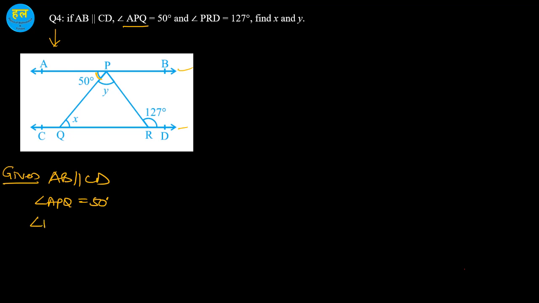Angle PRD is 127 degree. That means this angle is 127 degree. What we have to find? We have to find X and we have to find Y.